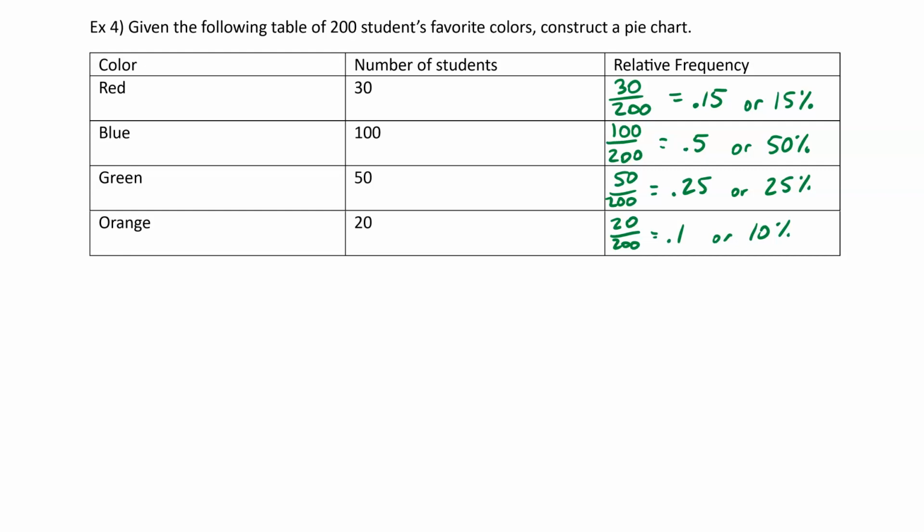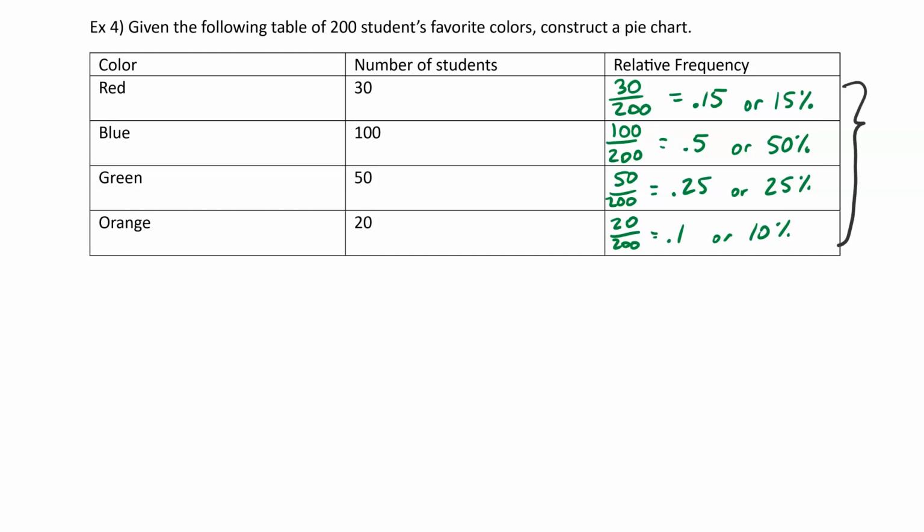Okay, so for this example, we're not going to be exactly precise. We're just going to give a rough estimate so that we can see which ones are bigger. Now, if you wanted to, you could take these relative frequencies and turn them into angles, where you know the exact angle that each sliver of the pie chart should be so that it can be exact.